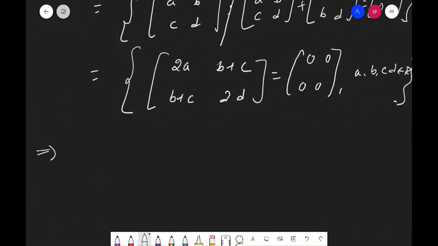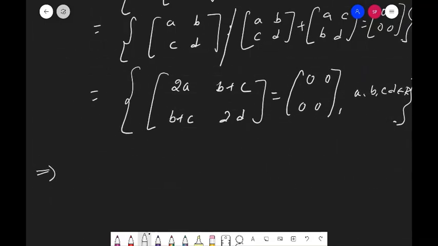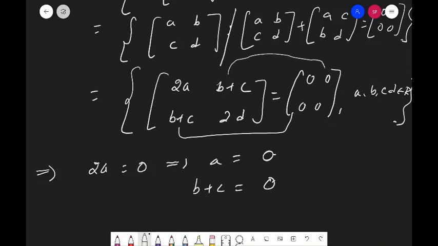So now we need to find these A, B, C, D values. Then you will get the kernel. So 2A is equal to 0, which implies A is equal to 0. Then B plus C is equal to 0. Then B plus C is also equal to 0. Again the same, the two equations are the same.